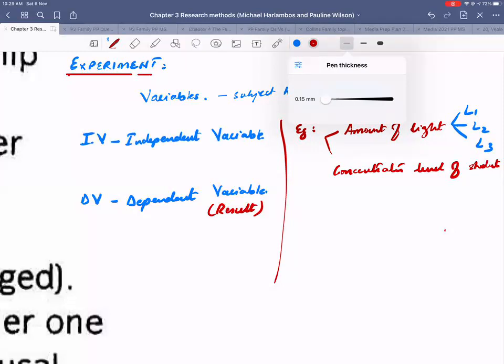Right? And another example, if I want to see the extent to which coffee affects your alertness, you could give an individual half a cup of coffee one day, the next day a full cup of coffee, the third day 1.5 cups of coffee. Do we understand this? What is the variable? What is it that we're changing over here? What we're changing over here is the quantity.